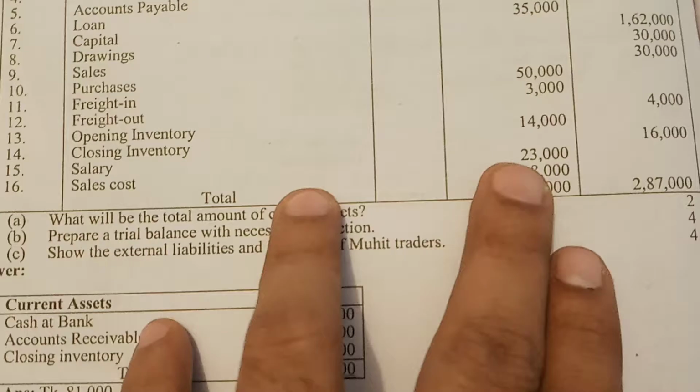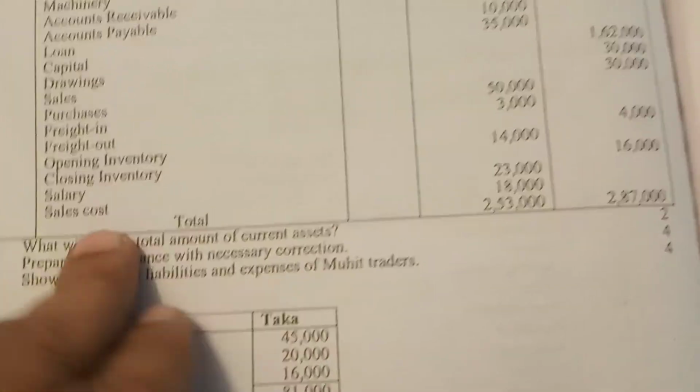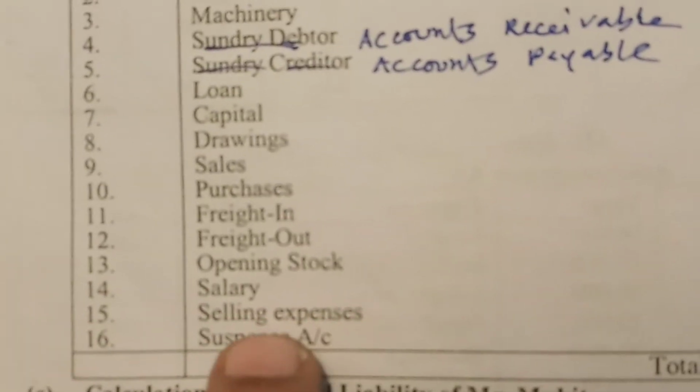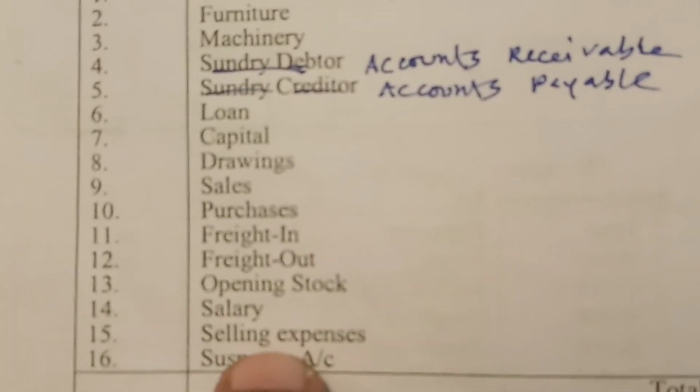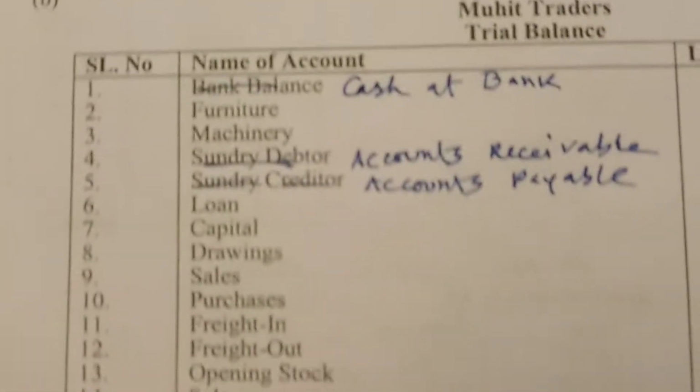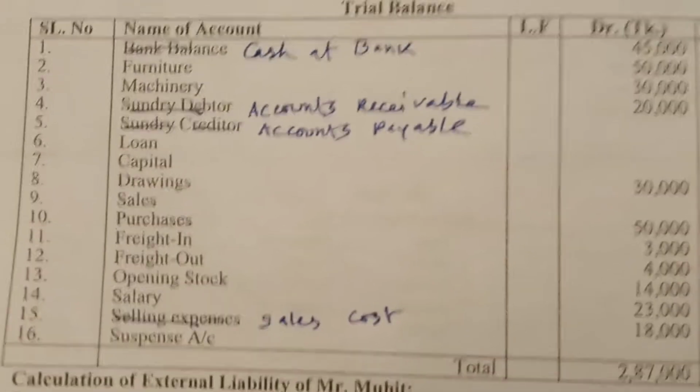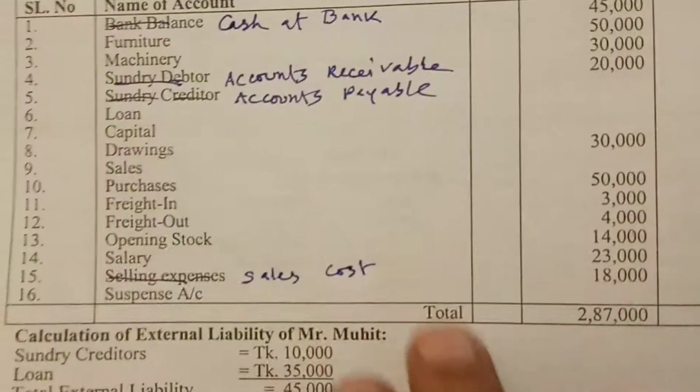And salary, it's an expense, 23,000 here. And the sales cost, or it's written here selling expenses. That should be sales cost. It's another name of the sales cost, another name is the selling expenses, so we need to write down according to the question. So rectified already. Sales cost, this one is 18,000 given in the debit column, so it's okay.